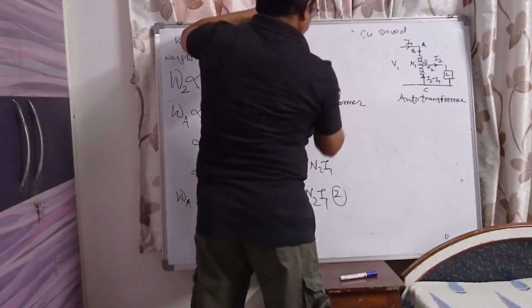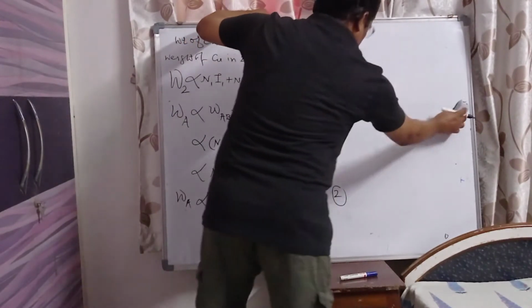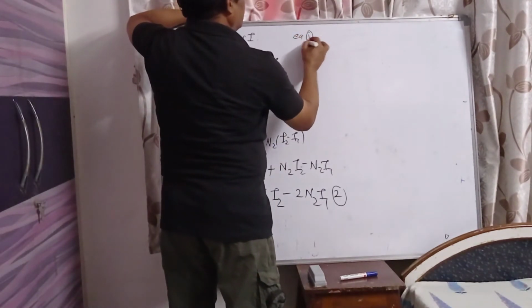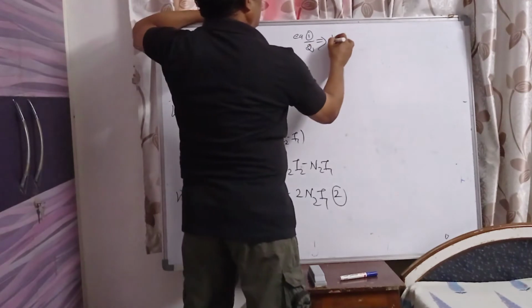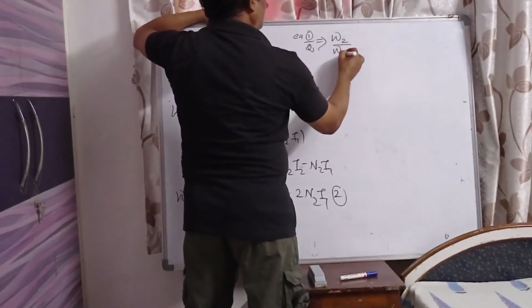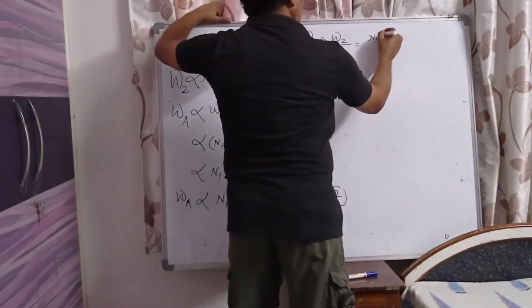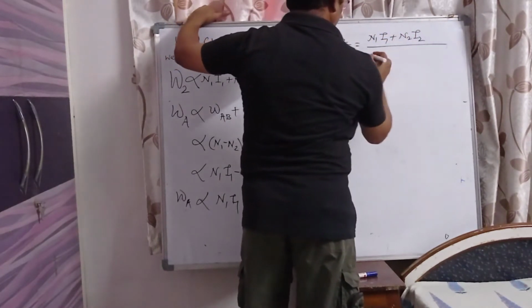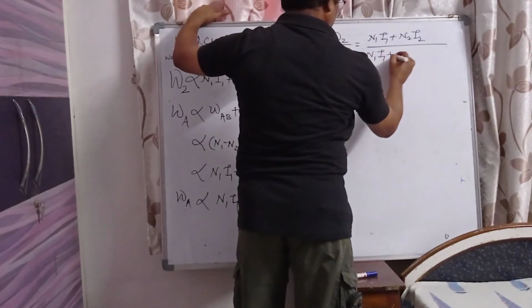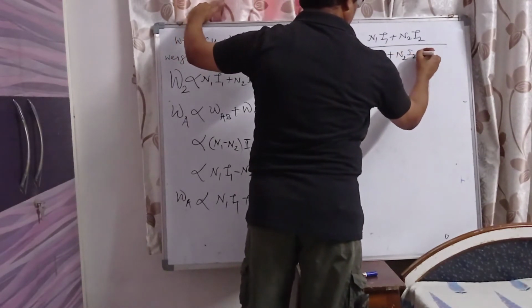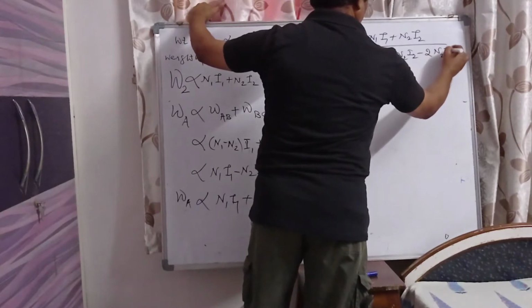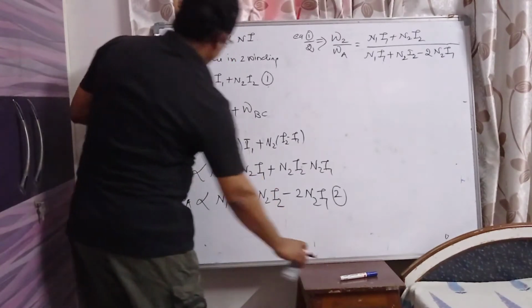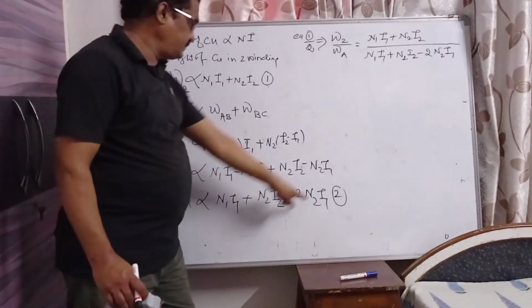So now equation 1 divided by 2, this divided by this.